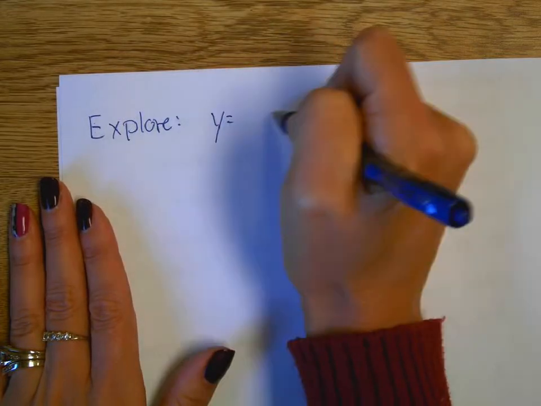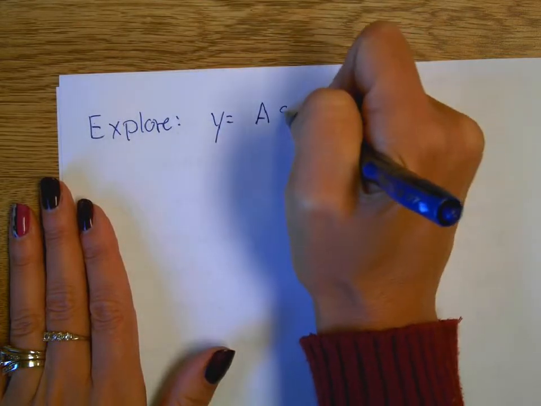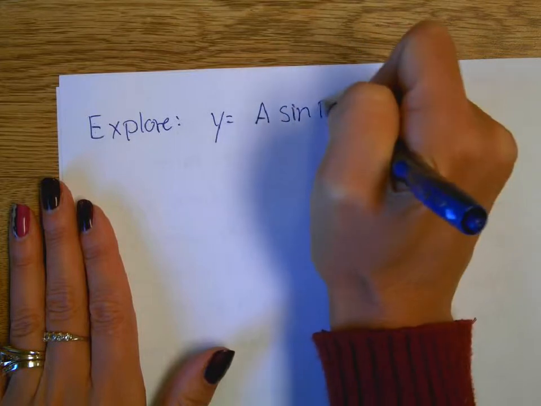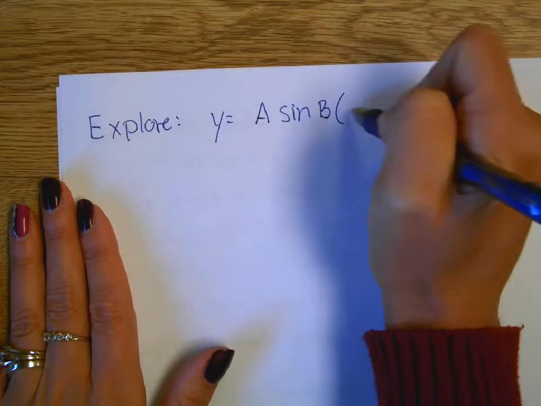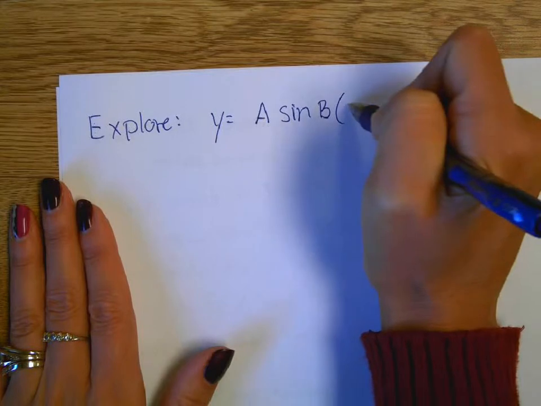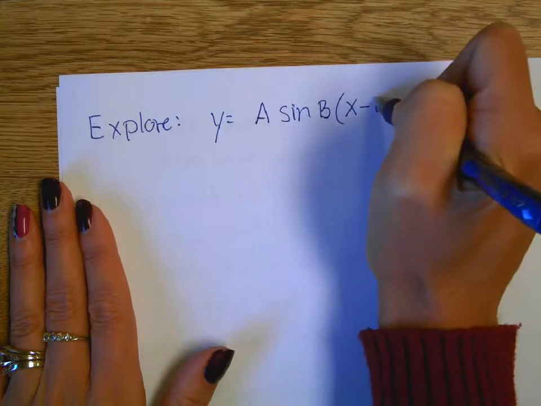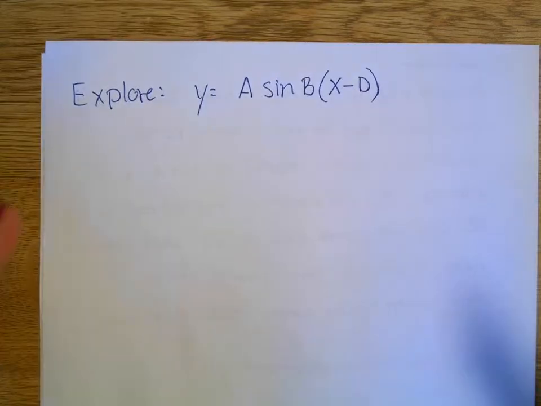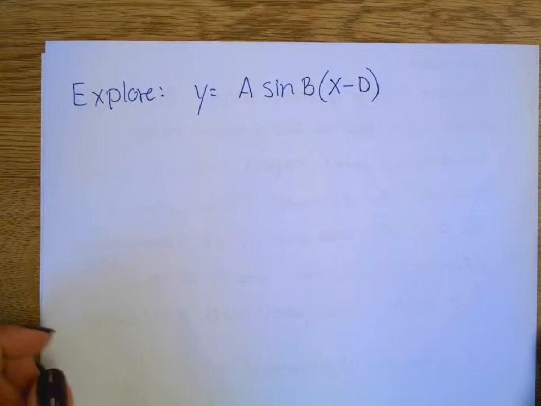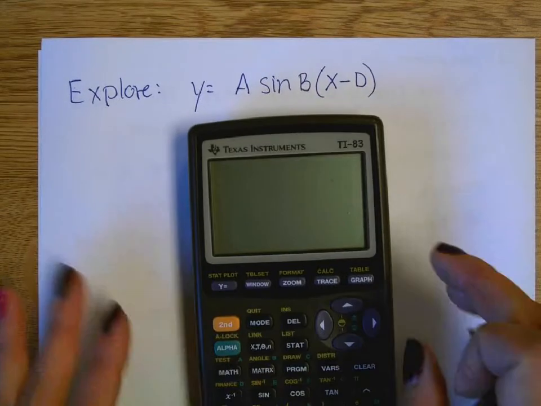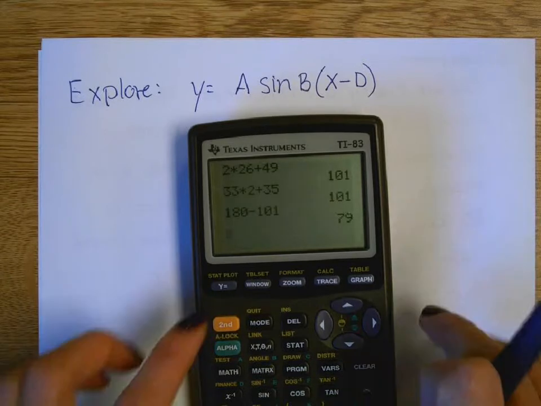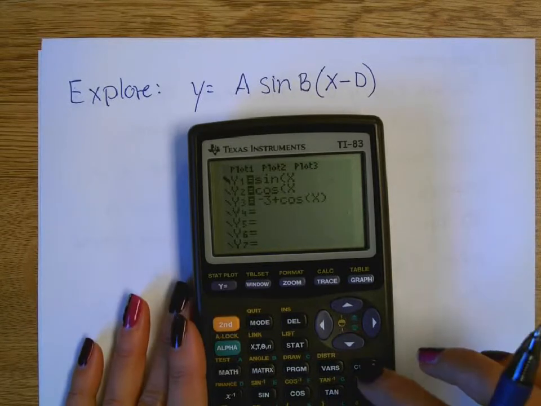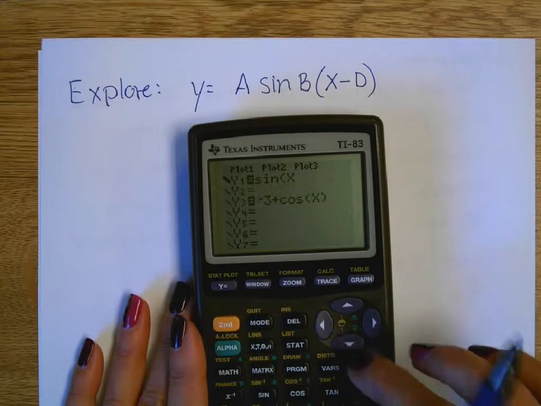So we're going to go with A sine B, and then we're going to add and subtract a number from the angle. X minus D. Well, A, B, C, D is our last one. C is always going to be our vertical shift. So we're not doing vertical shift. So, what's left to do? Real question.